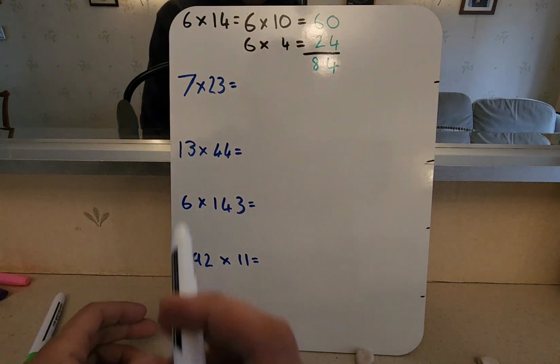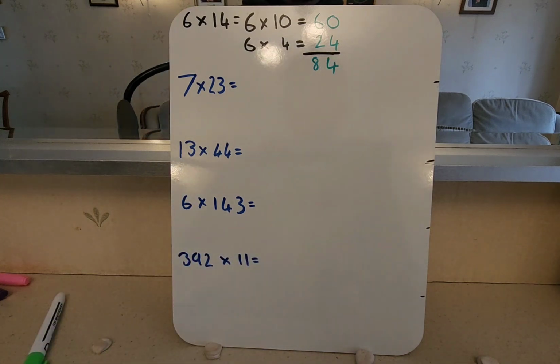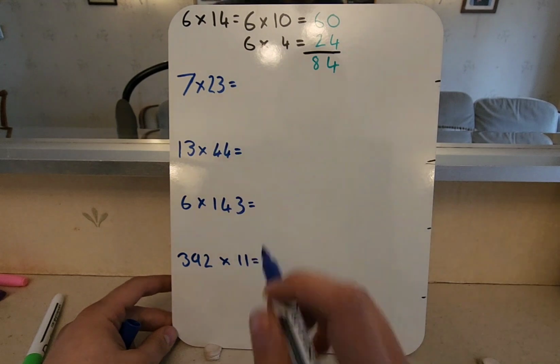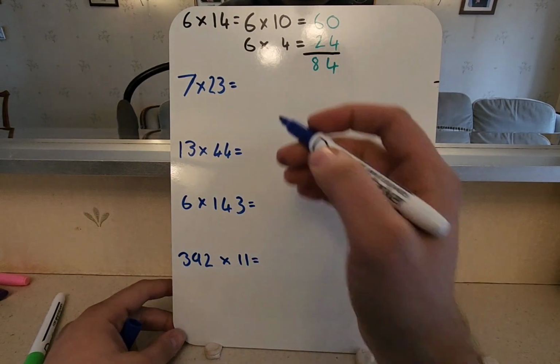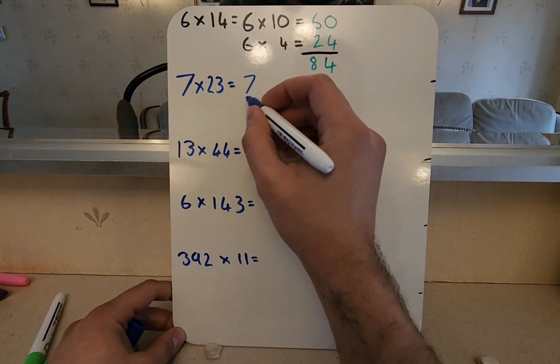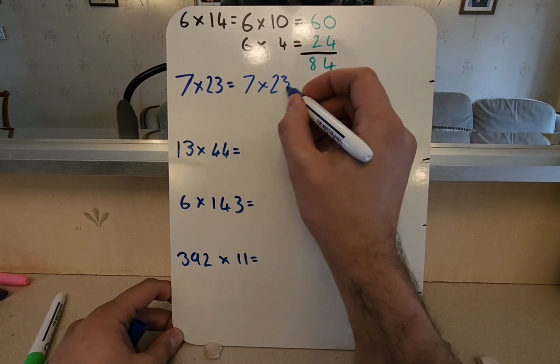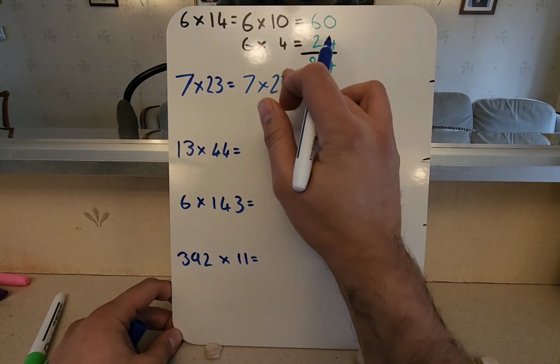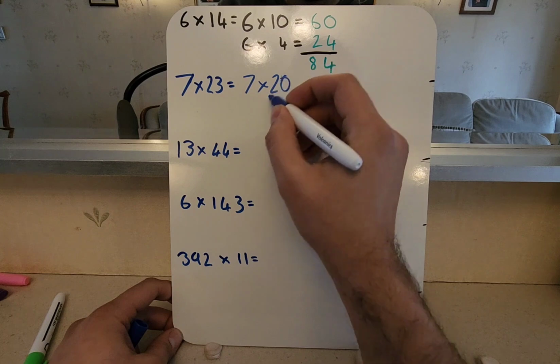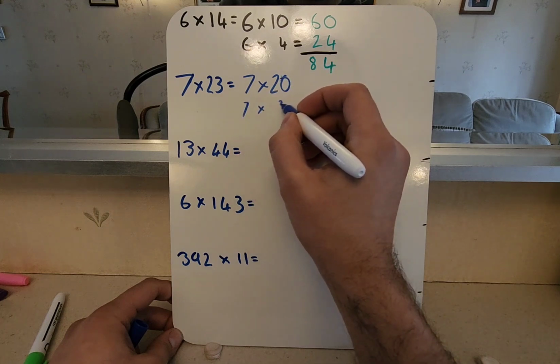Right, so let's look at 7 times 23. How would we split that up? Well, I'd split the 23 into 20 and 3. Sorry, I'd do 7 times 20 and 7 times 3.